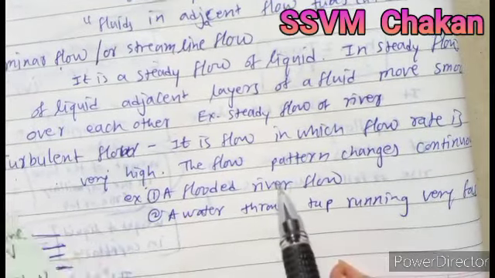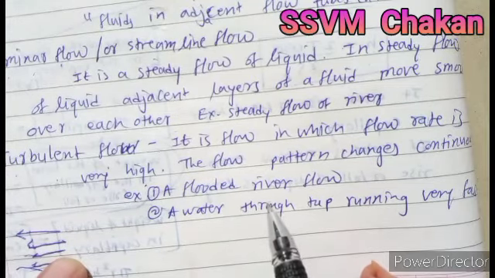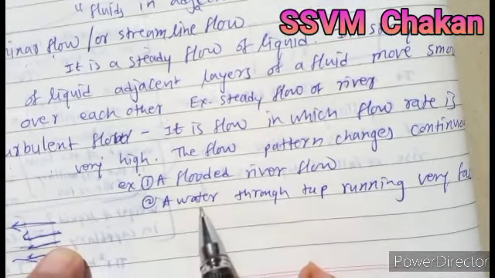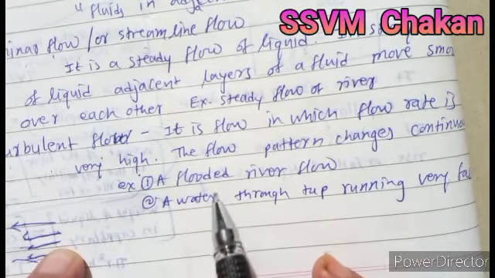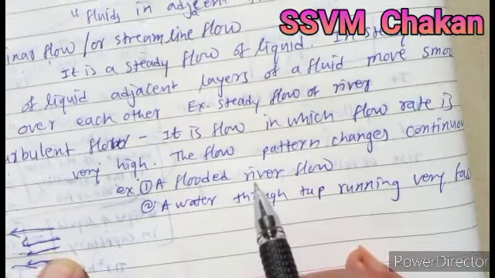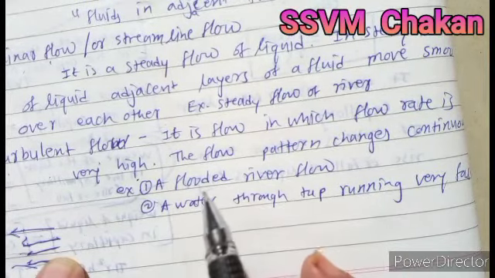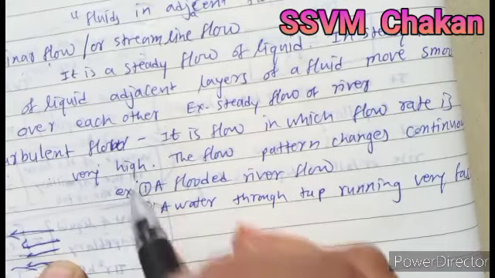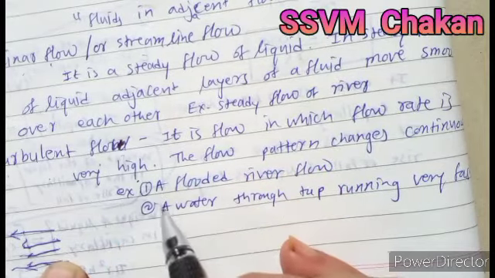That means when the same river turns into a flood, the speed of water in the river does not remain constant, it changes continuously as the speed of each layer changes rapidly and continuously. That type of flow of liquid is called turbulent flow.